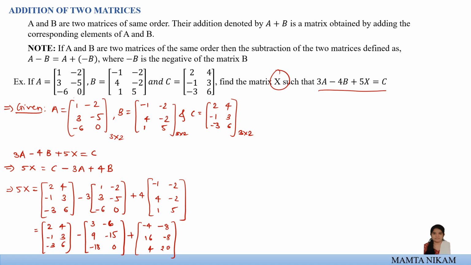Here there's one more thing. You can either multiply by 3 as I have done, or you can multiply by minus 3 and convert this minus into plus. That is also a valid approach.